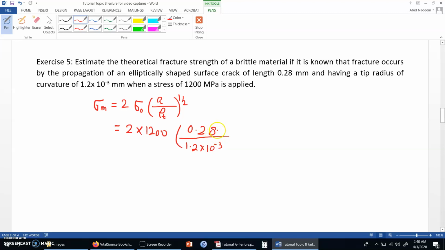Remember that both these units are in millimeter and they are having a ratio, so therefore we don't need to convert them into meters.